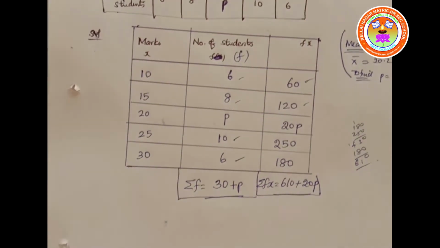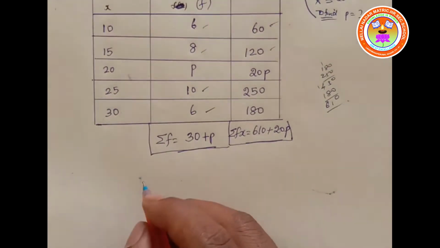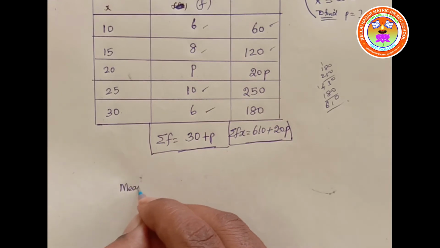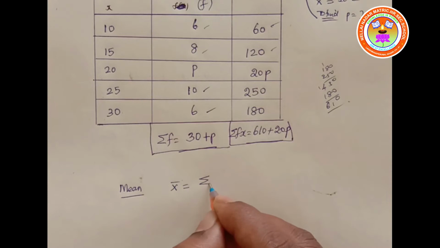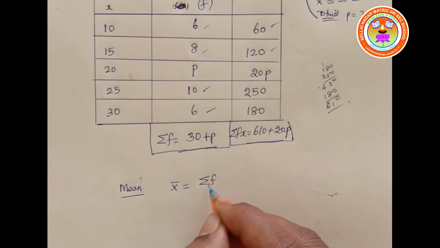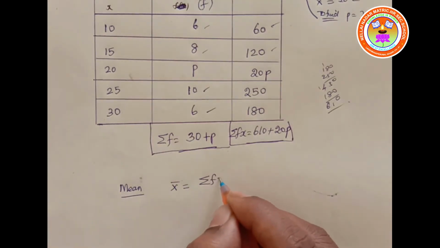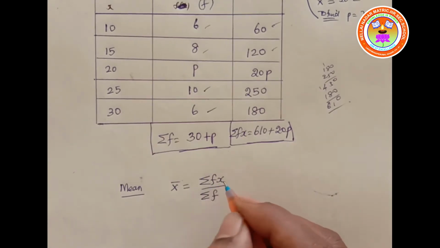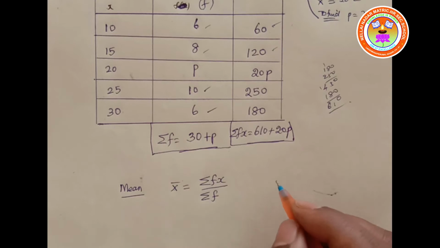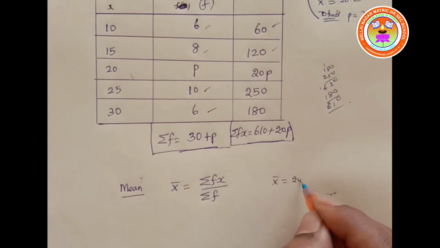Right. Now, what is the mean formula? Mean, that is x bar, equals sum of f into x by sum of f. What is the mean x bar? It is given as x bar is equal to 20.2.